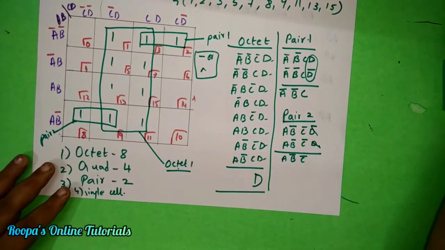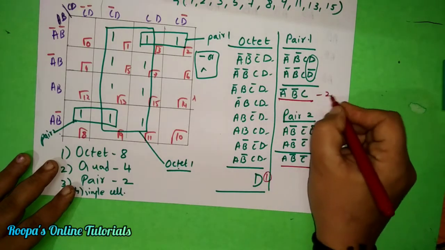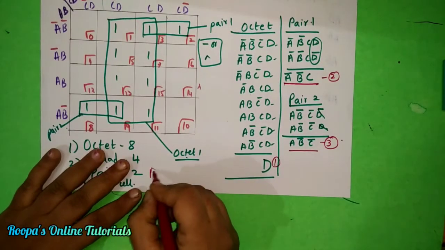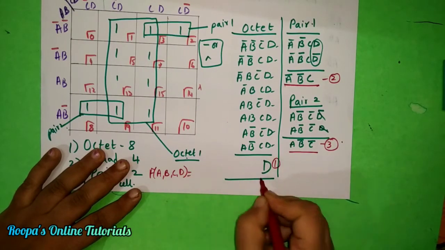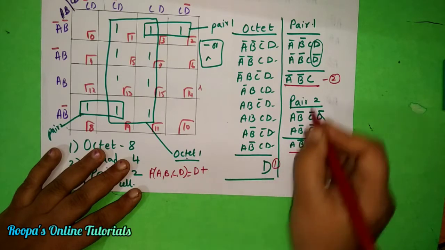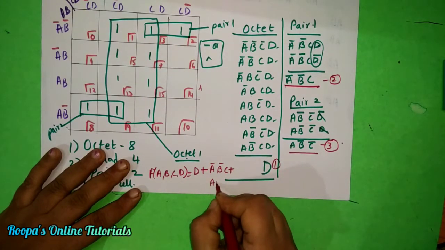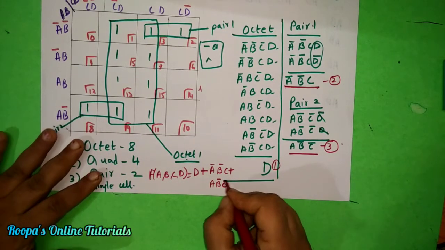This is clear. So we have got 3 expressions now. 1, 2 and 3. So what is the answer? Answer is simply the sum of products. Sum means addition, you should know. So just add this: D plus A complement, B complement, C plus AB complement, C complement. This is all the answer is.